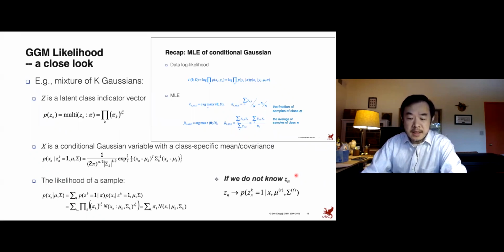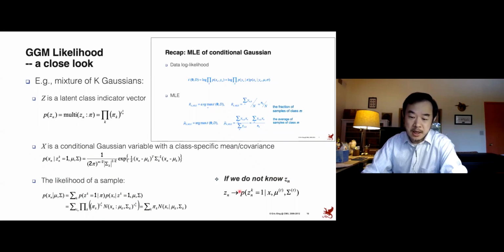Now, if z is not observed, the key idea behind the EM is to pretend that they are observed. You basically impute some value for the z so that you go back from here to subsequently solve a fully observed conditional Gaussian estimation problem.